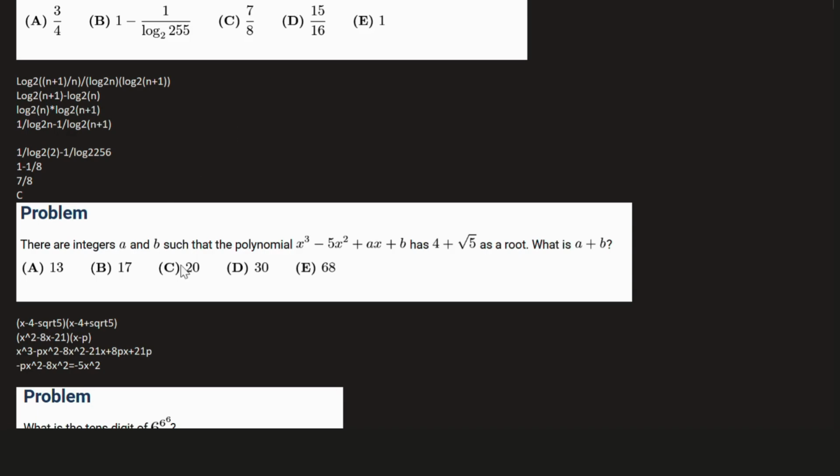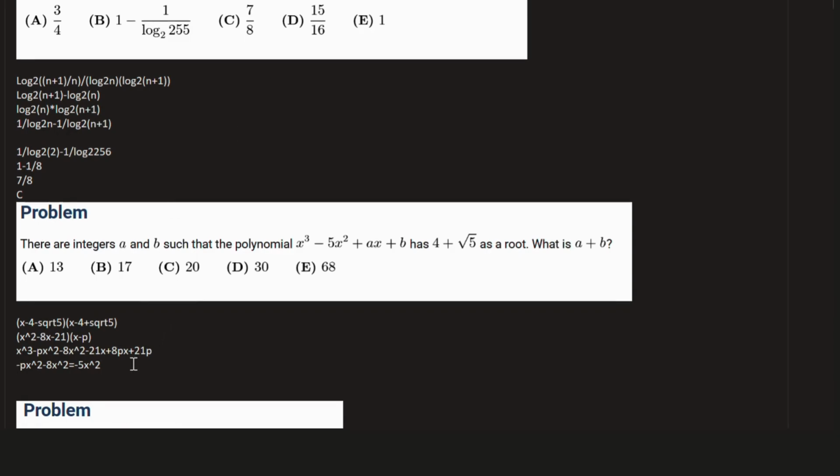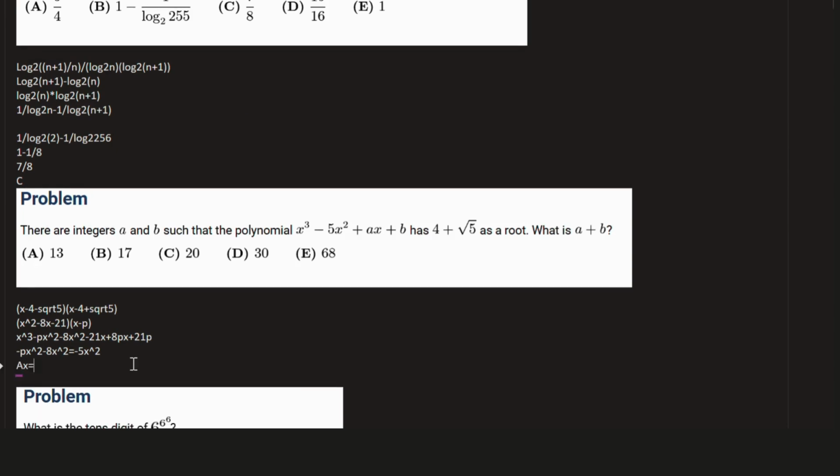Since p equals negative 3, we know that ax equals negative 21x plus 8px.